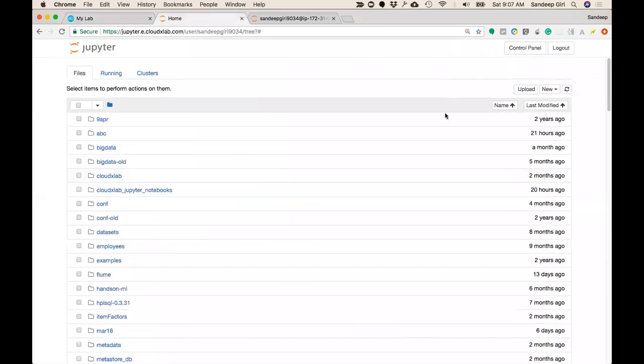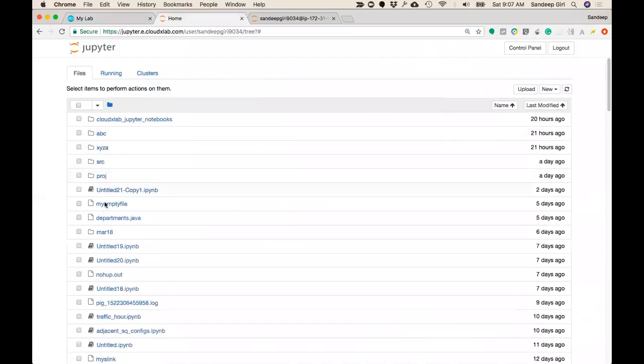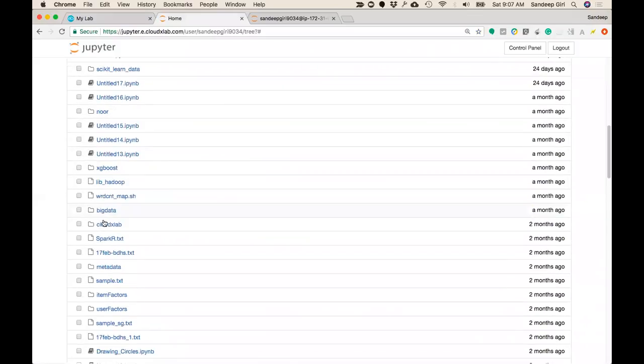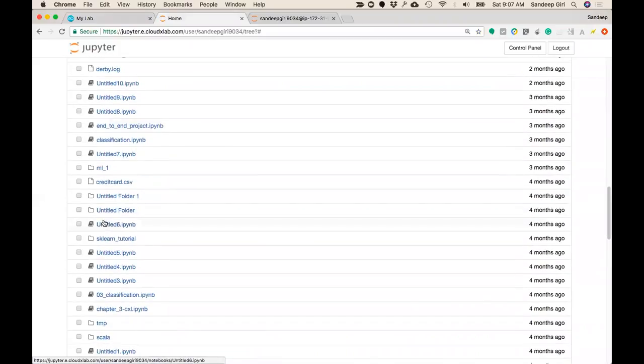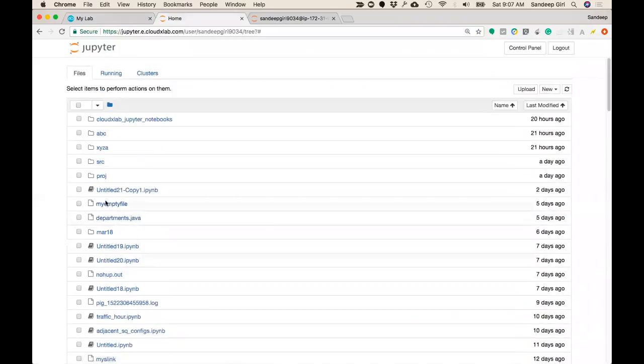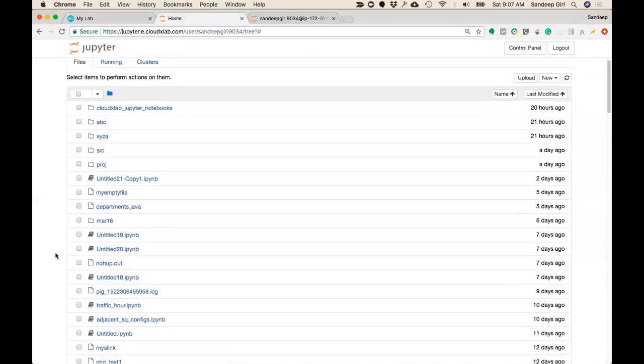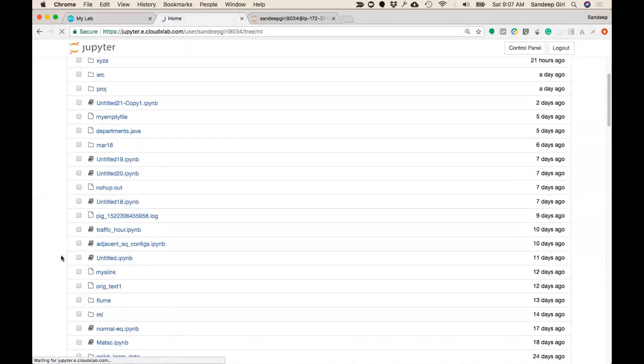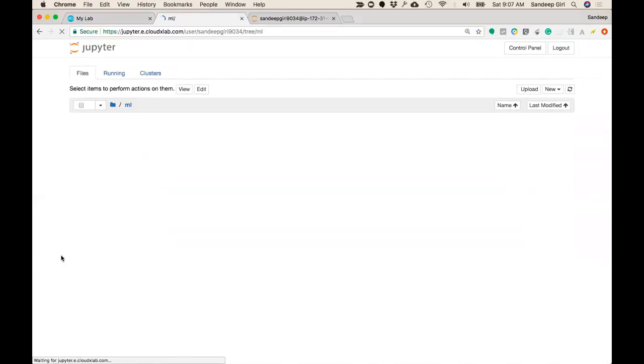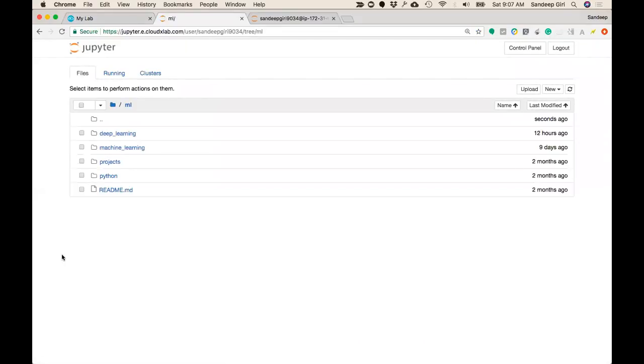All right. So once I do that, if you sort the data by last modified, okay, where did my ML folder go? Here.